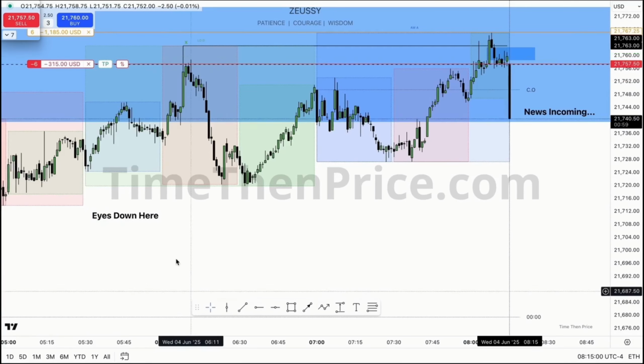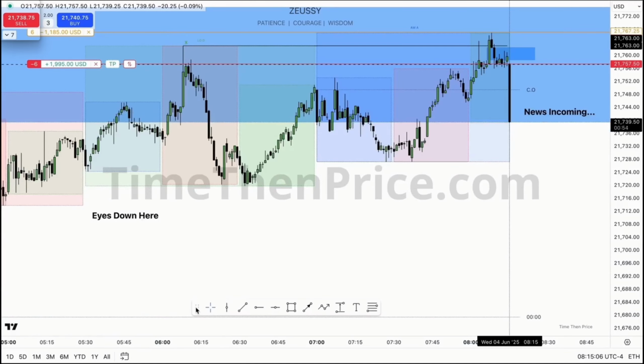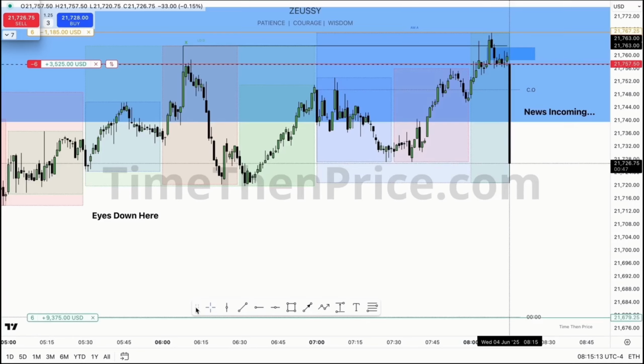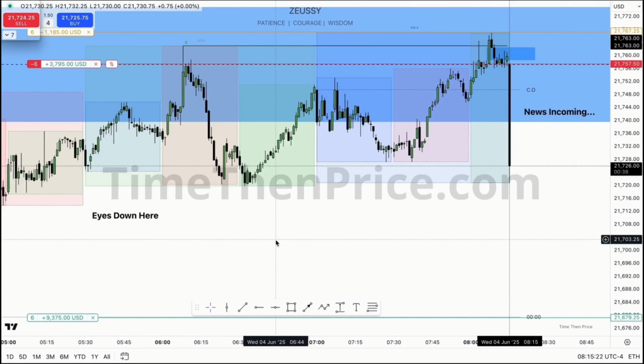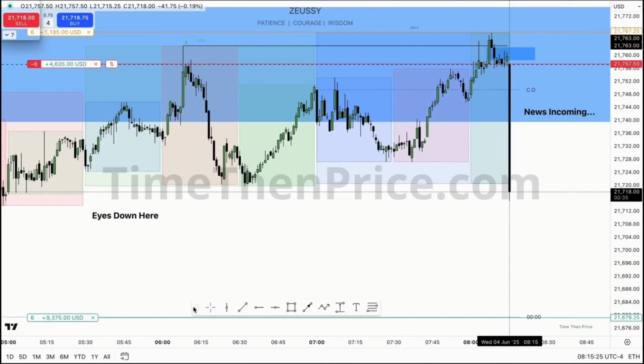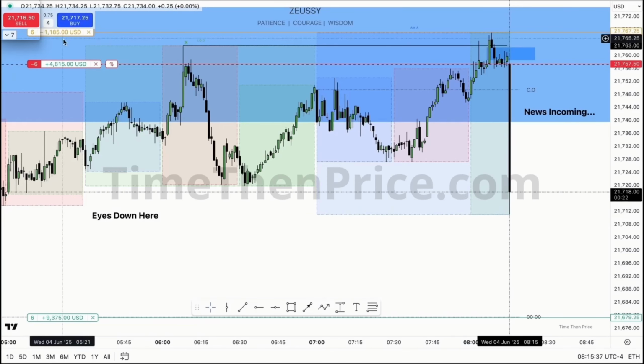And at this moment in time, it's simply a matter of waiting, because the news is going to get utilized for distribution purposes. Notice that I have less risk on this position than usual, and the reason being is because I am allowing for the fact that, okay, if price does in fact manipulate higher once more, then I only take a minor hit instead of the full risk which I usually use. Notice that price beautifully expanded towards the objective of those relative weak lows, and that is why I took the partial.